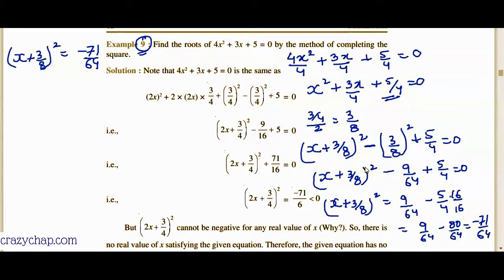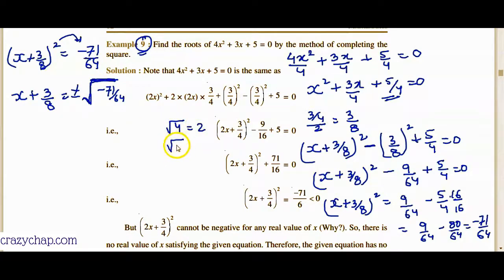Fine. Okay. Now we have to bring the square to this side. So we get x plus 3 over 8 equal to the square root of negative 71 over 64. Guys, please understand, inside the root there can be no negative value. That is called not defined, right? Like square root of 4 is fine, it is 2.